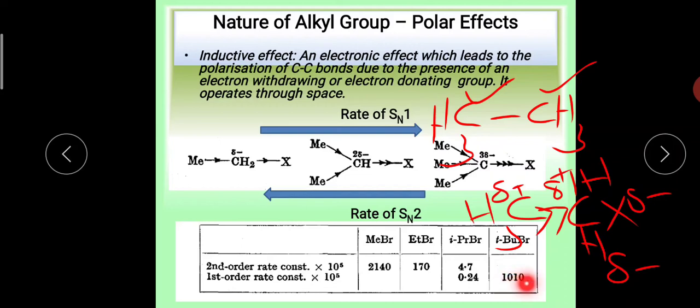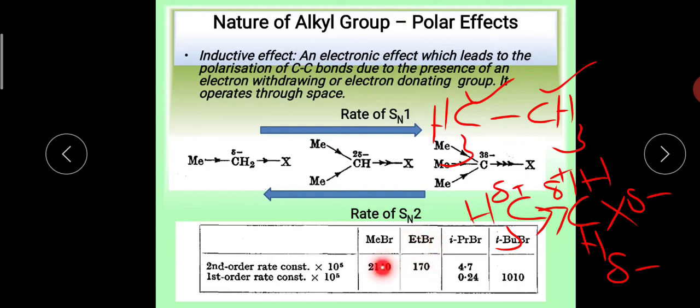It has been found that tertiary butyl bromides react very quickly towards hydrolysis via SN1 mechanism, whereas methyl bromide and ethyl bromide, which are primary alkyl halides, react via SN2 mechanism and the rates decrease when the number of methyl groups increase.